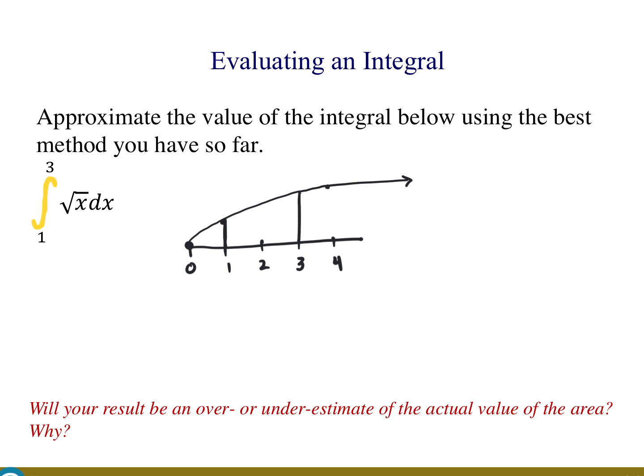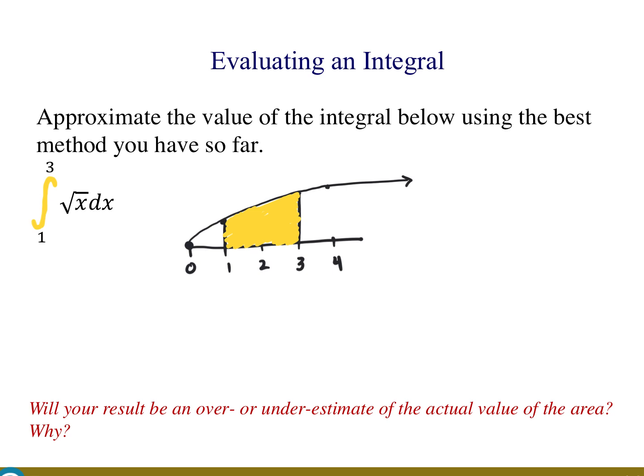So this is the area that we would like to find the value of, using the best method we have at our disposal right now. Now you're going to declare, I'm going to use blank as my best method.